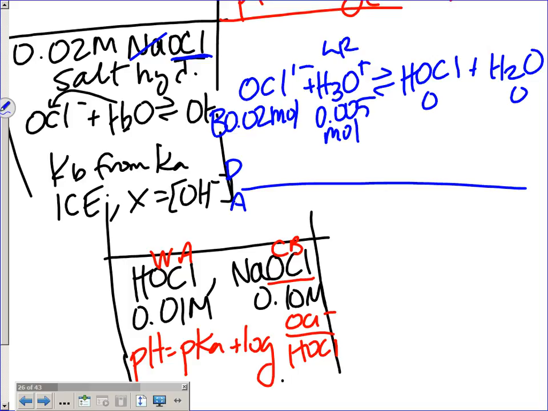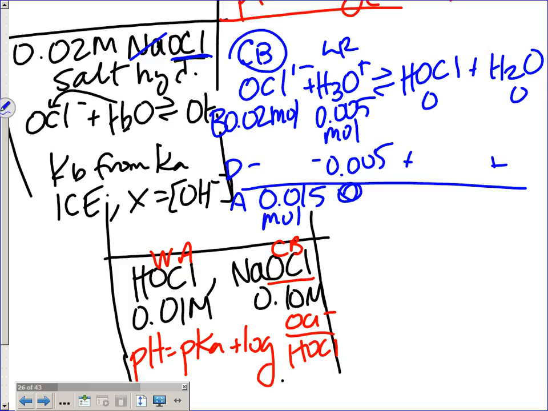H3O+. So this is going to be subtracted all the way: subtract, add, and add. So as this gets consumed, I subtracted over here. How much do I have left? 0.015, right? 0.02 minus this, 0.015 moles of my conjugate base. And I have made how much of my weak acid?